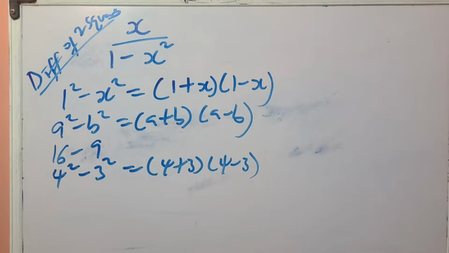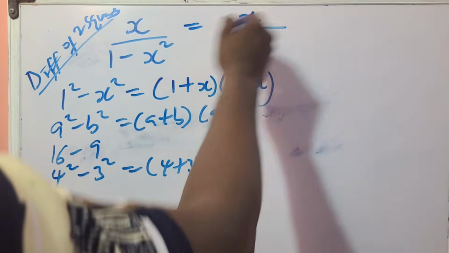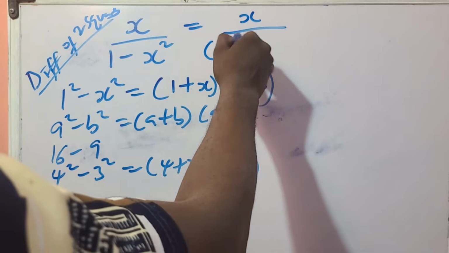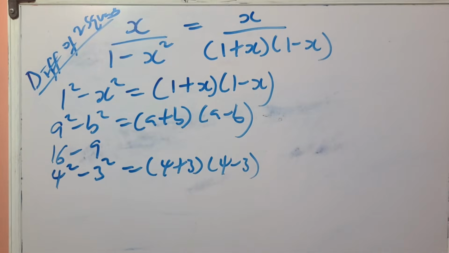So when you see a question like this, what you just have to do is change the denominator to reflect difference of two squares. So that's the first step. All right, so that's the very first thing you have to do.